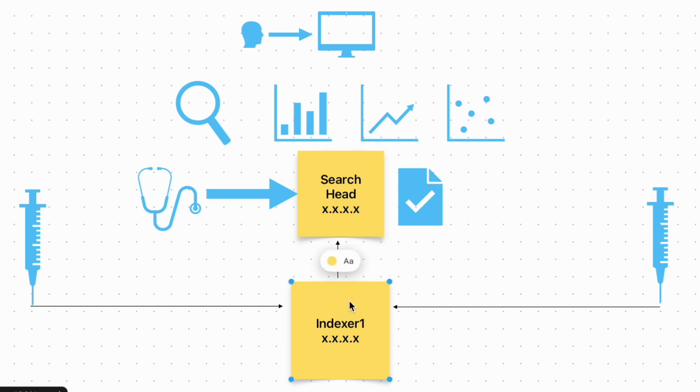Currently we are not ingesting data, but if the indexer is listed in the internal index, that means there is a flow between these two components. So let's begin with the demo.